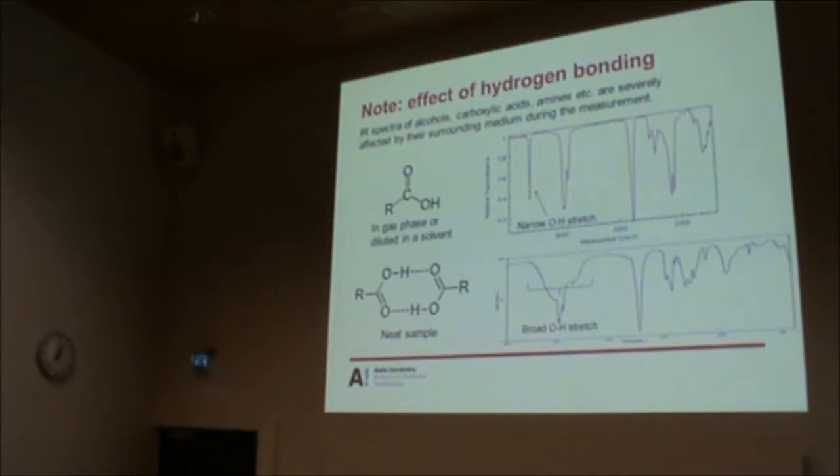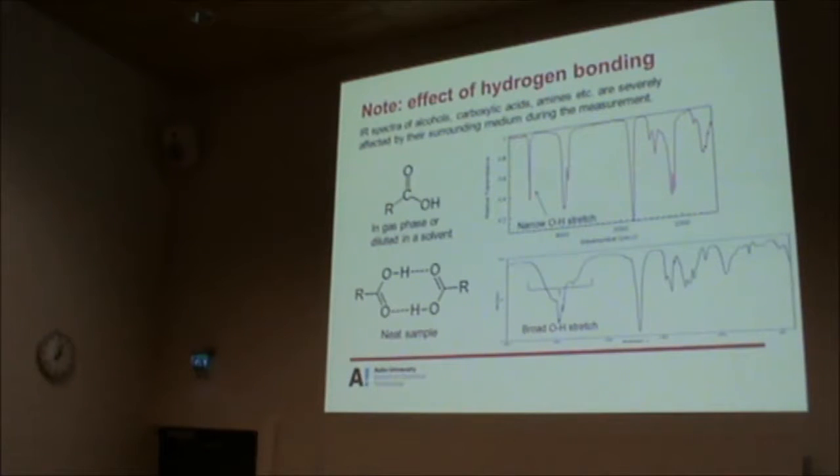This leads to a stronger affinity, and the OH stretch or bend will be affected by this bond. This OH is no longer that free to vibrate as if it was just alone. Now it is influenced by this oxygen, so its vibrational characteristics will change.